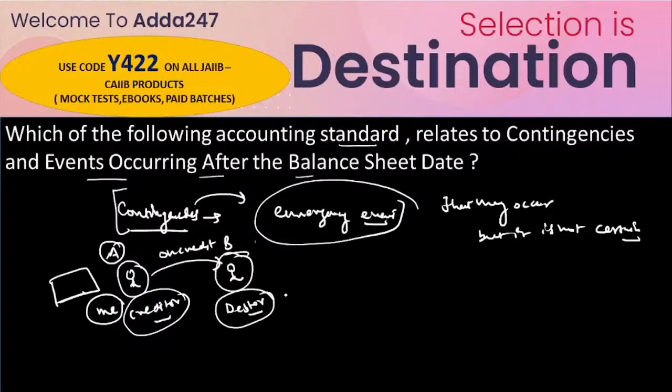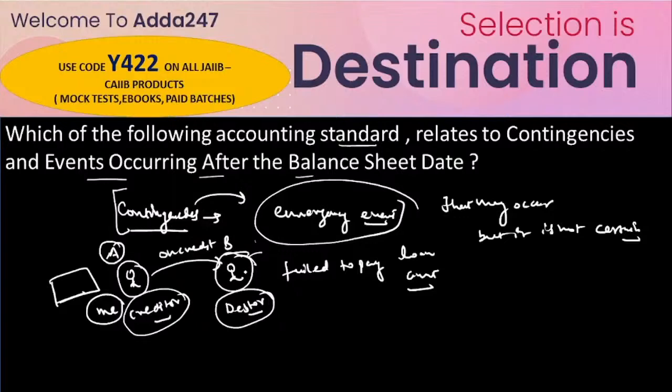A debtor is a person who borrows goods or services on credit from us. Suppose this person B failed to pay the loan amount due to insolvency. Suppose this person becomes insolvent and now fails to pay my loan amount.